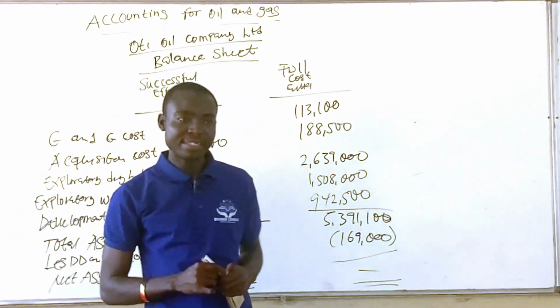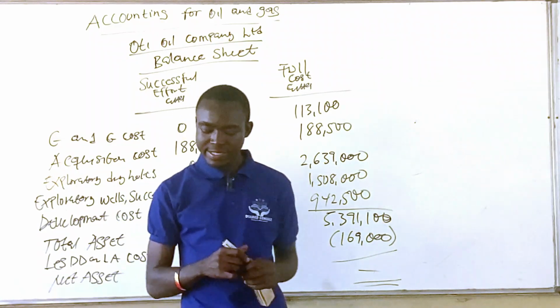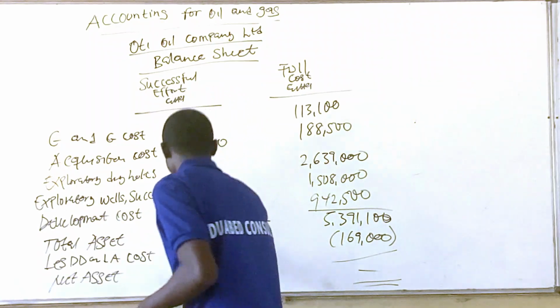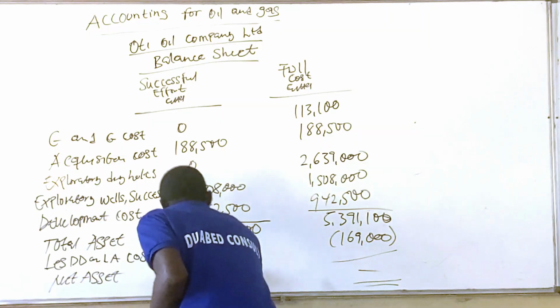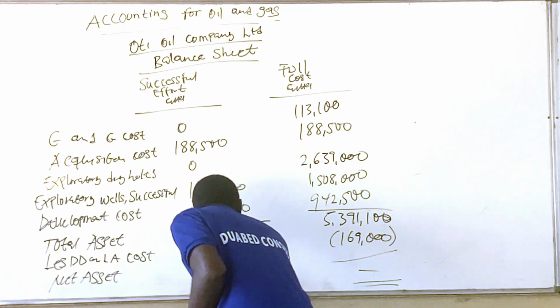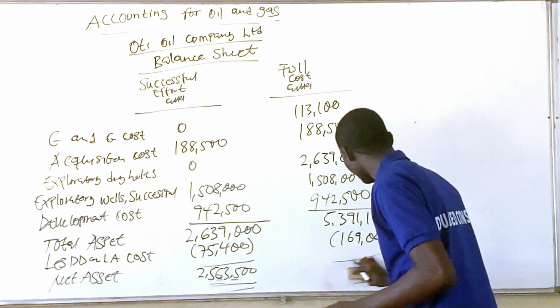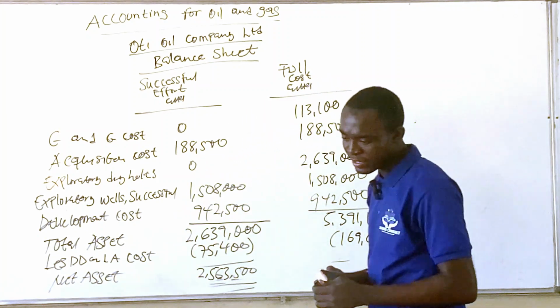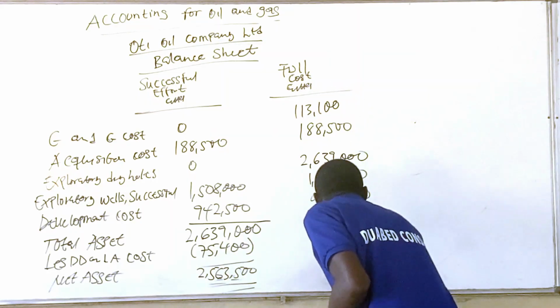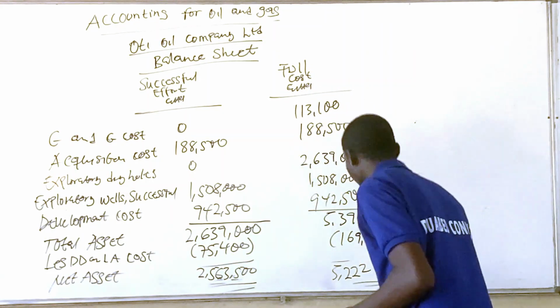Net assets under successful efforts will be 2,563,600, and that of full cost method will be 5,222,000.